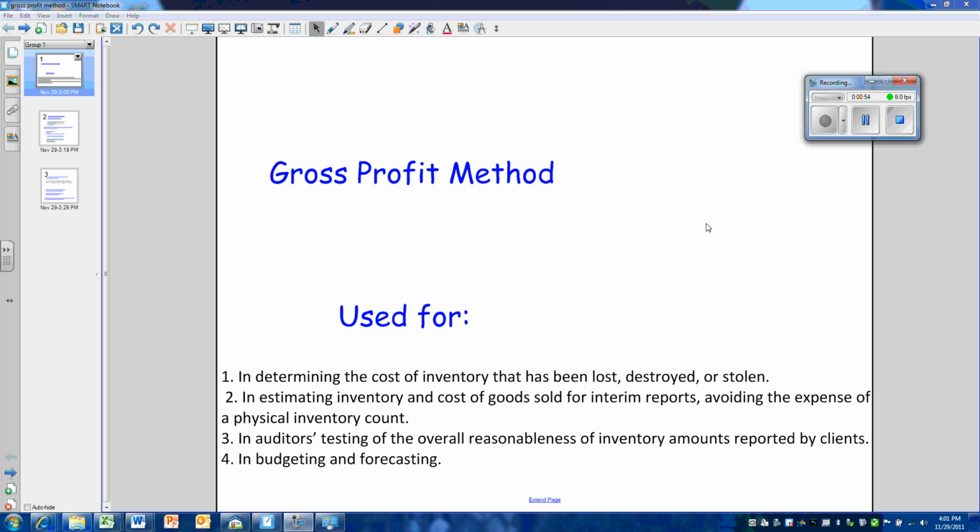The estimated inventory will go on the balance sheet, cost of goods sold on the income statement. Auditors use this method to test the reasonableness of the inventory amount being reported on the client's financial statements. Managerial accountants will use the gross profit method in establishing budgets and forecasts.